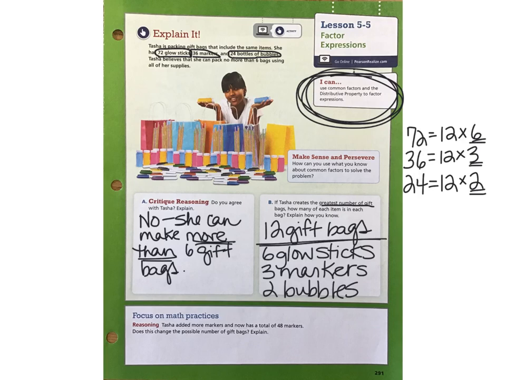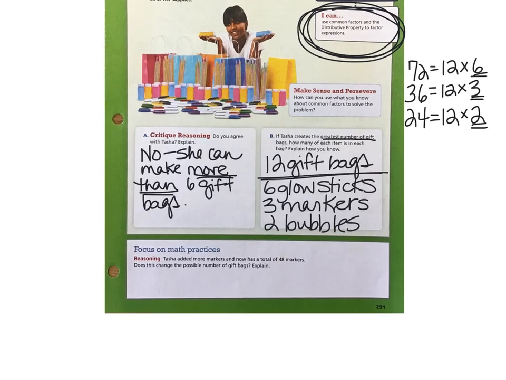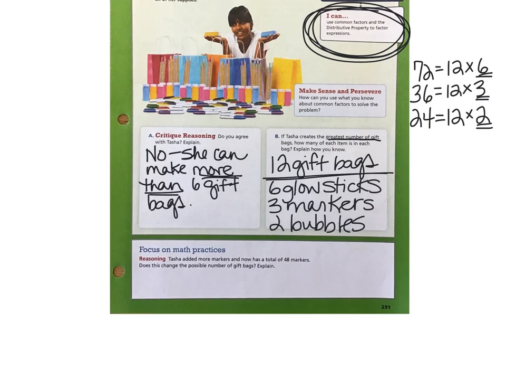Now take a look at the bottom. The bottom has a focus on math practices. It says Tasha added more markers and now has a total of 48 markers. Okay, so markers, it used to be 36, now she's got 48. Does this change the possible number of gift bags? So think about that.